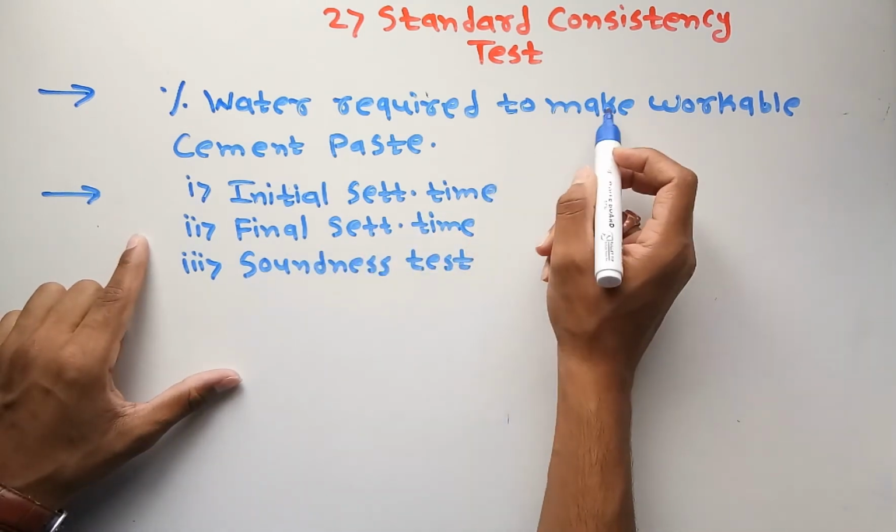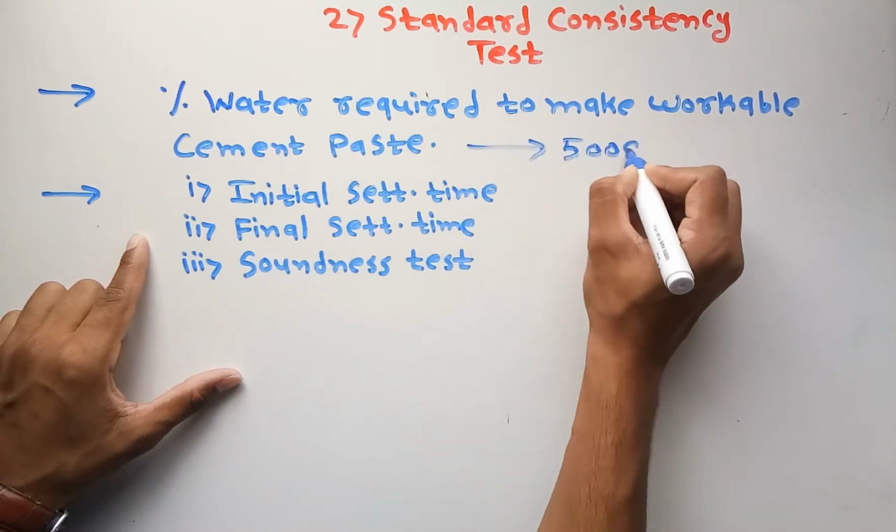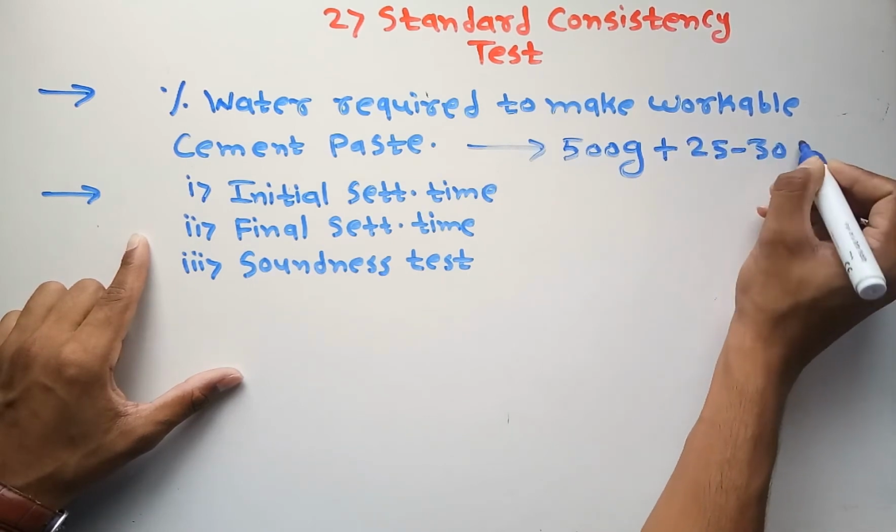To make this workable cement paste, around 500 grams of cement is taken out, and in addition to that around 25 to 30% of water is added.